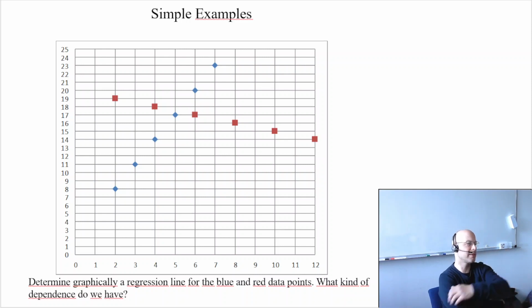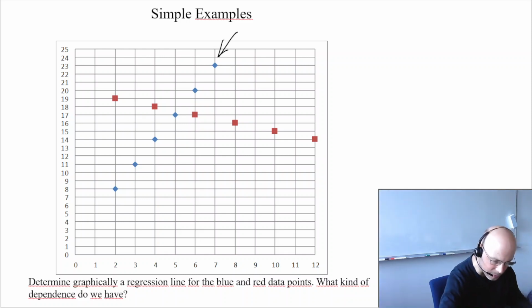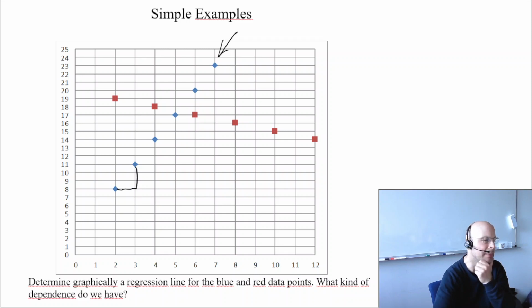How would you fit if you have these data points, the red data points or the blue data points? How would you fit here a line within these data points? Let's start with the blue ones. If you just look at the vertical axis and the horizontal axis, then you see here, if I go one to the right, how much do I go up?